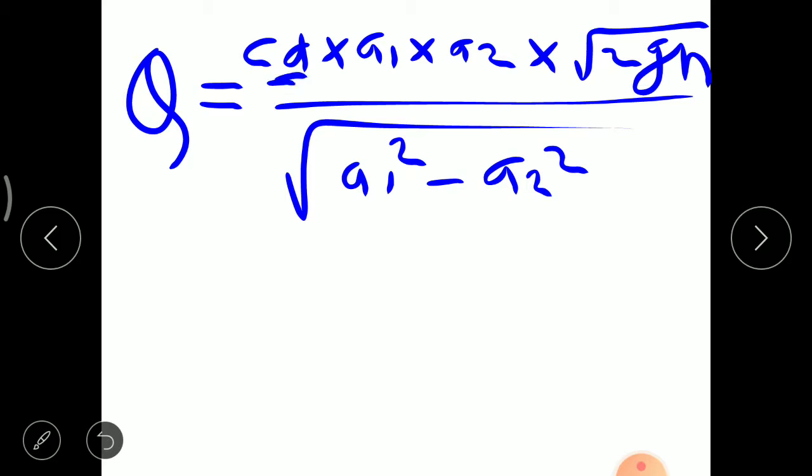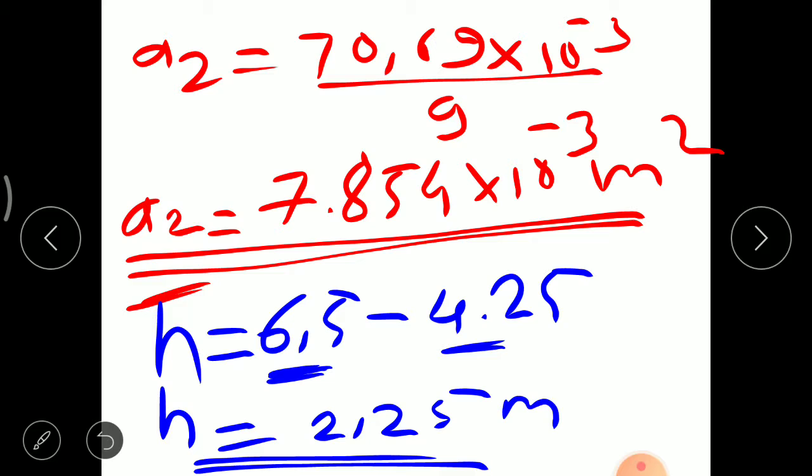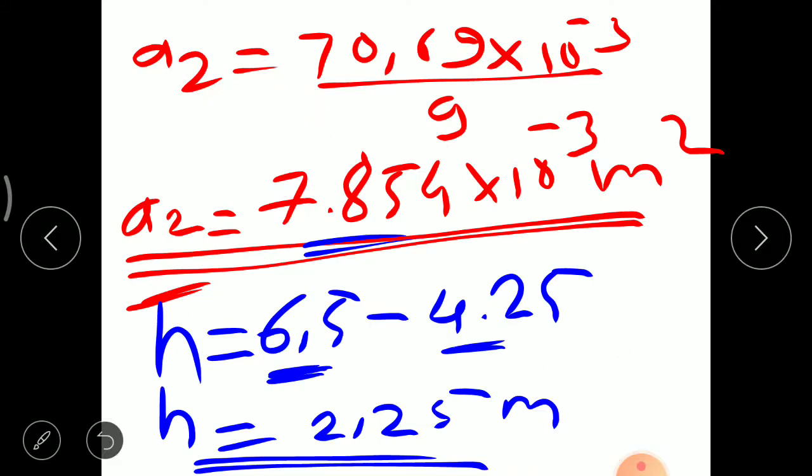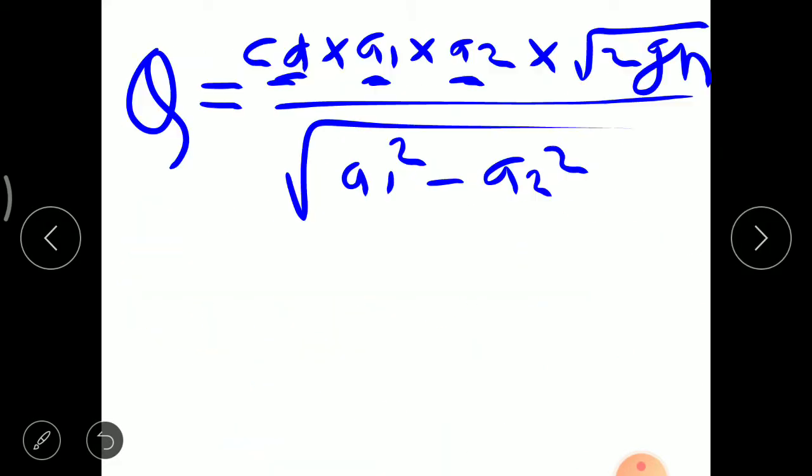Now the value of CD is equal to 0.99. A1 and A2 we have calculated here. This is the value of A2 and this is the value of A1. The value of H is 2.25 meter and the value of G is 9.81.